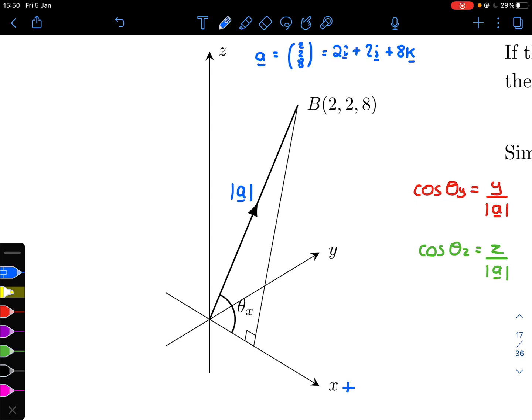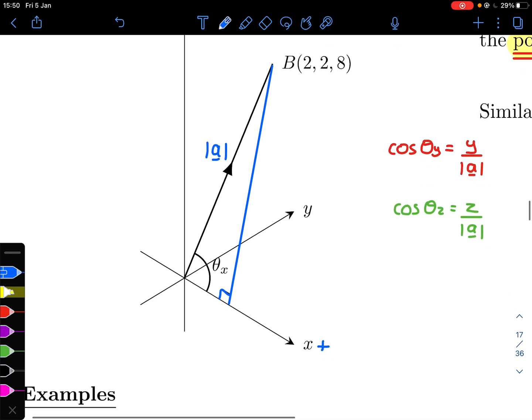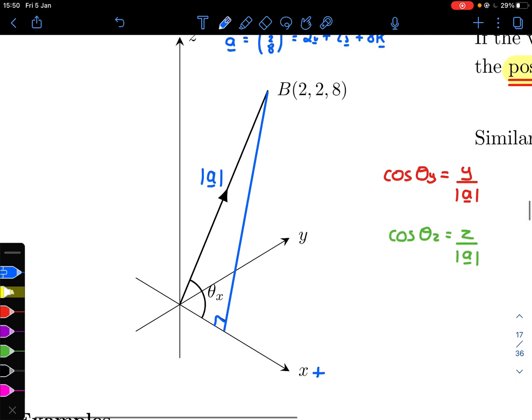So the positive x-axis is down there. So what's been done is a line has been dropped from the vector to the x-axis to create a right angle at that axis. And the angle we want is the one in that right angle triangle. So, since it's a right angle triangle, it's just going to be trigonometry.